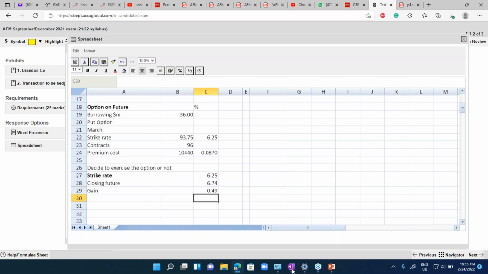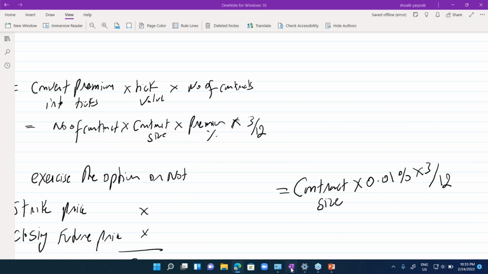So you have two choices to convert the gain into absolute amount. One is convert it into ticks, 49 ticks. This is the formula to calculate the tick value: contract size is 500,000, into 0.01%, into 3 by 12.